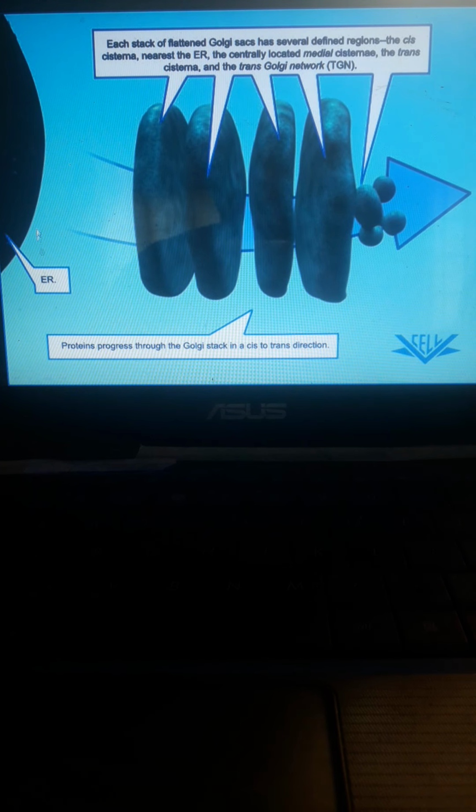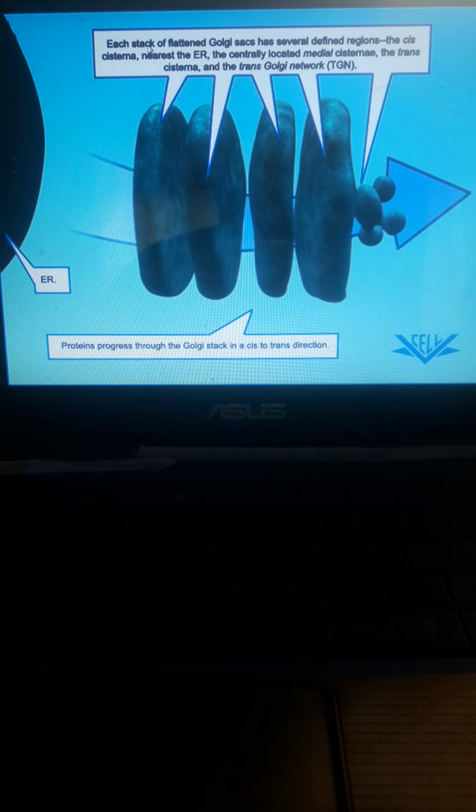So if this is the endoplasmic reticulum, proteins are released and enter the cisternae of the Golgi apparatus. Proteins progress through the Golgi stack in the cis-trans direction.